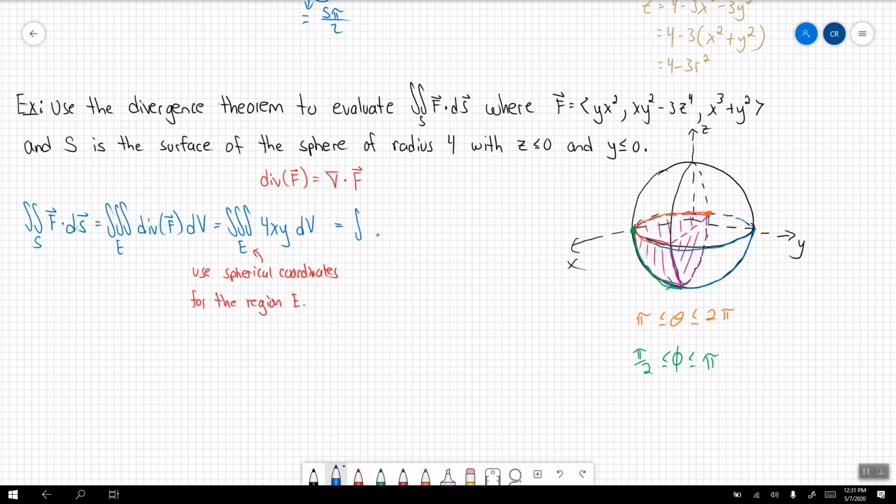When that happens, we need to account for the Jacobian. All right, well, 4, that's this guy, and then x. X under spherical coordinates is rho, which in this case is going to be the radius. So radius is 4.